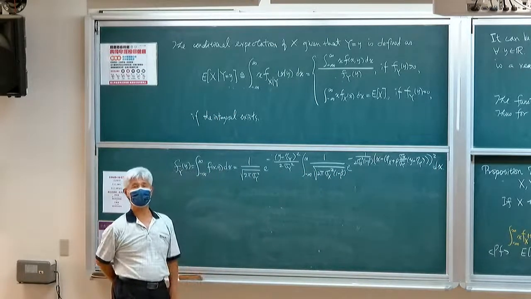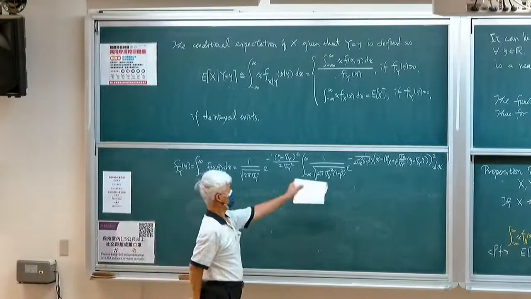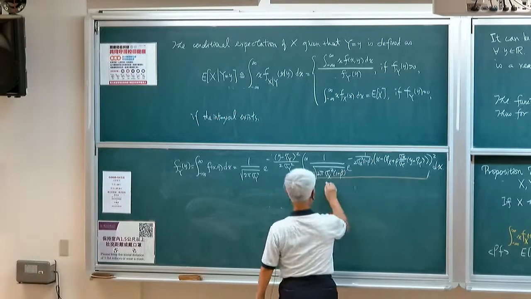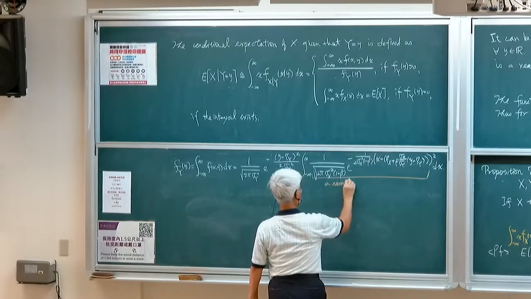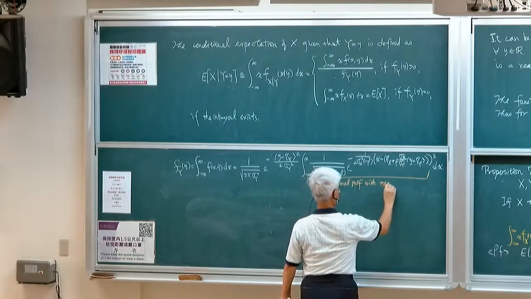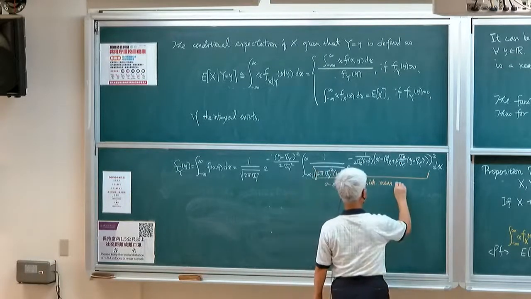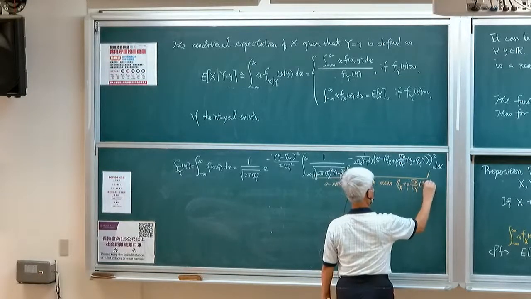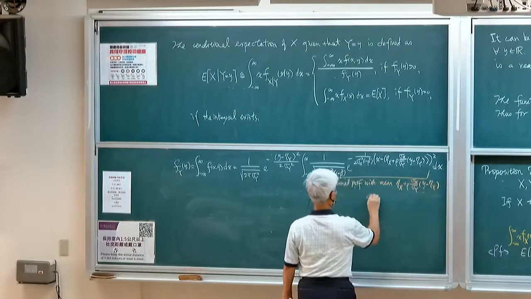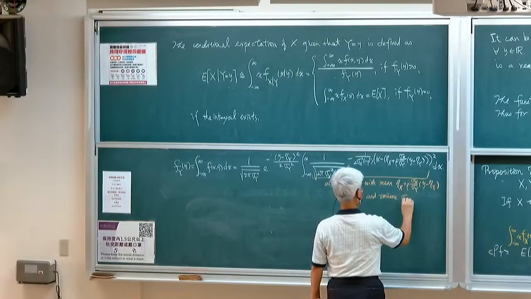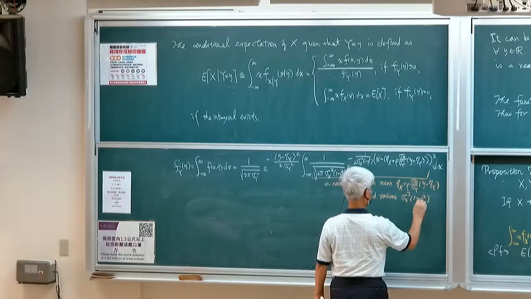Now we can integrate, and the integrand here again is a normal PDF with mean eta x plus rho sigma x over sigma y times y minus eta y, and variance sigma x square times 1 minus rho square.